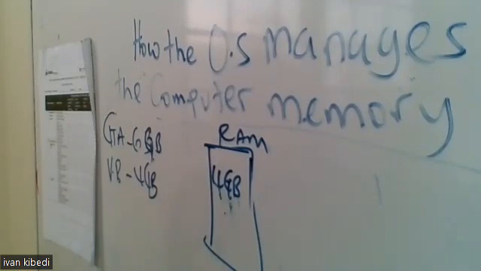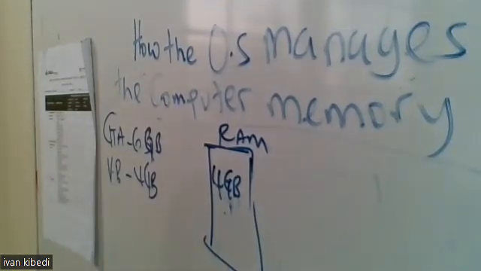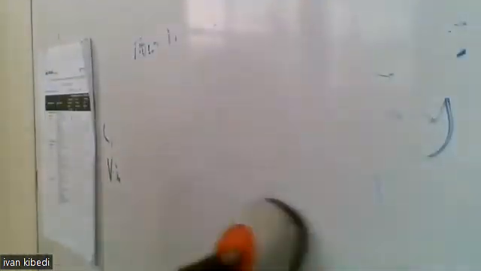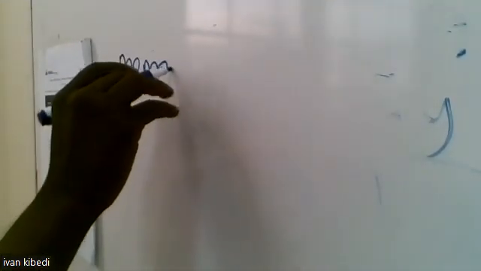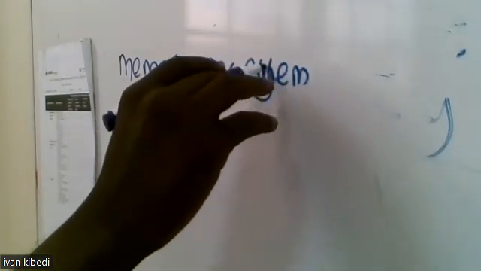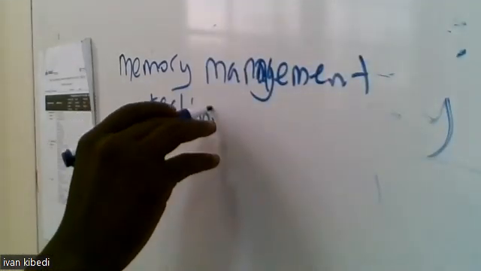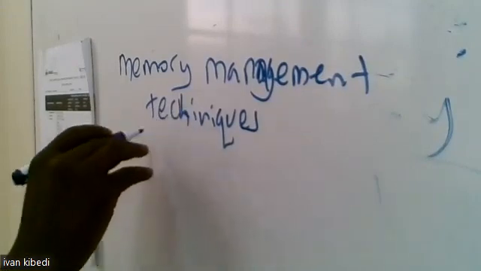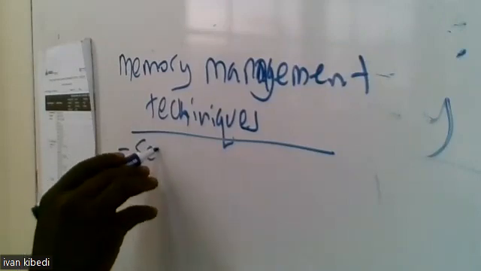By managing basically means controlling how instructions and data are put in the main memory. Now, these are the techniques that the operating system uses to manage the computer memory. So memory management techniques include, number one, segmentation.